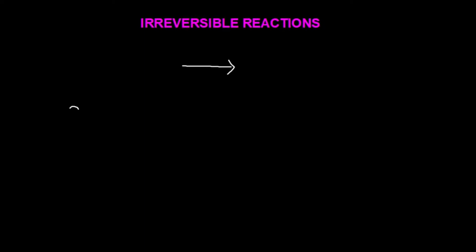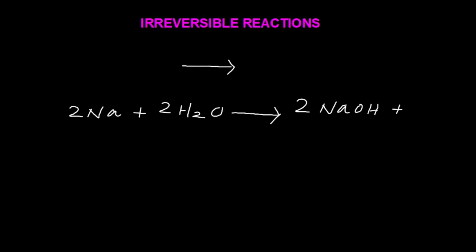Now students, we will see an example to understand irreversible reaction. For example, the reaction of sodium metal with water. If we react sodium with water, we get sodium hydroxide, which is also known as caustic soda, as well as hydrogen gas.